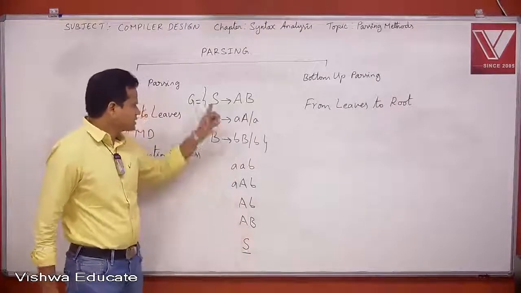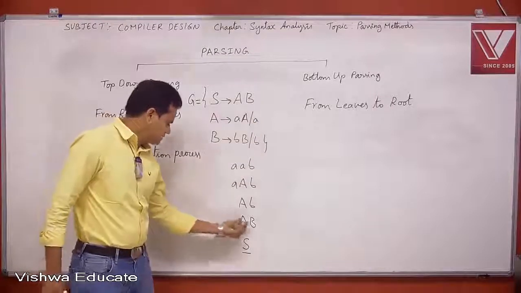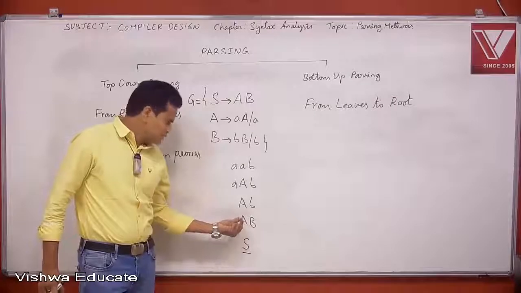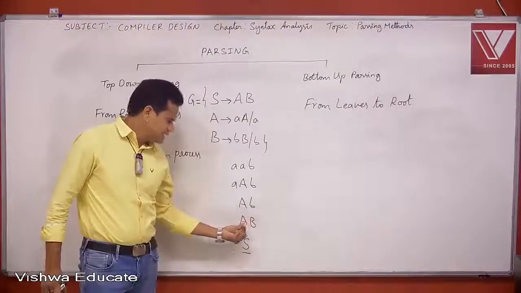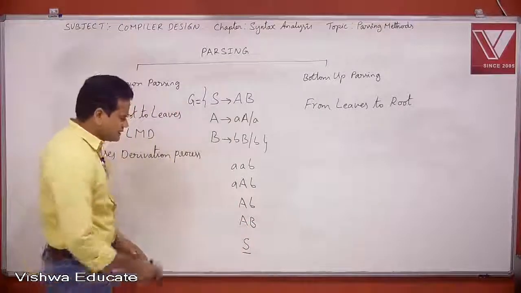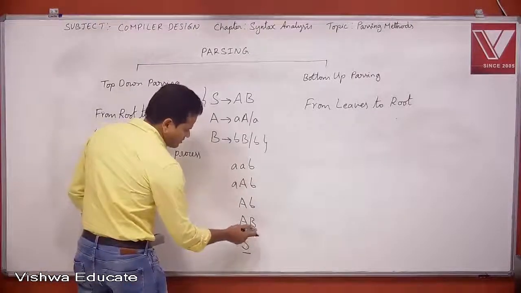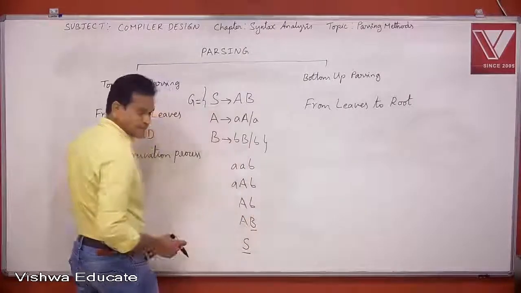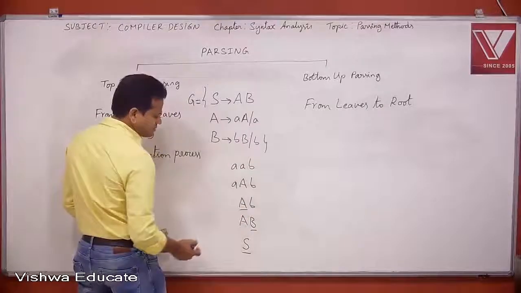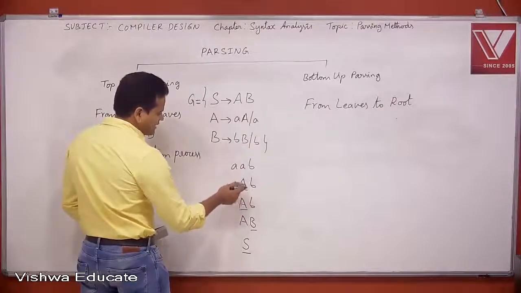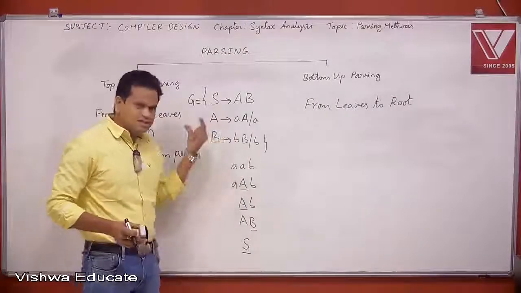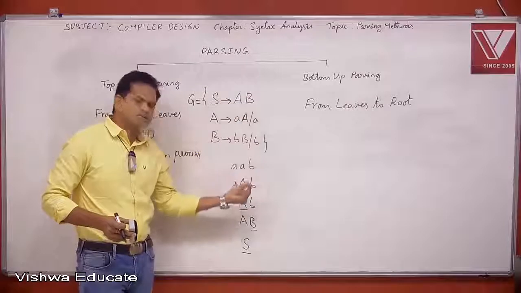So we apply a production to this non-terminal S. What is the S production? S derives AB. Now after this step, we can apply a production to A or B, but which one is the rightmost symbol? The rightmost symbol is B. We apply a production to the rightmost, it's B. Now in this only one, so this time I am considering rightmost, it's production AA and its production A. So it takes the string and that string will be reduced to the start symbol.